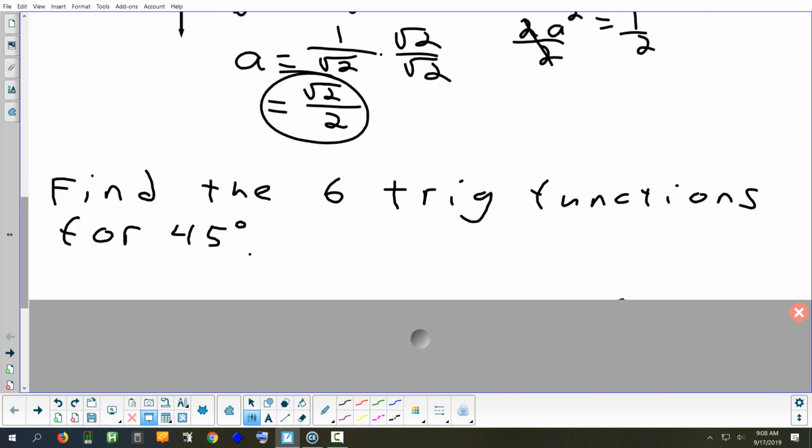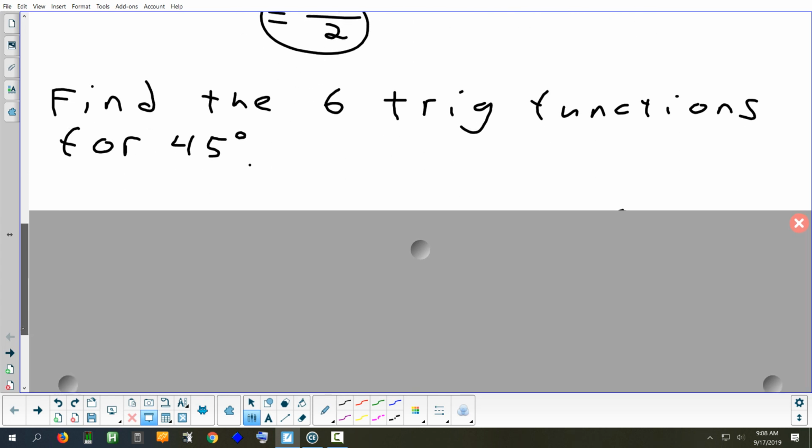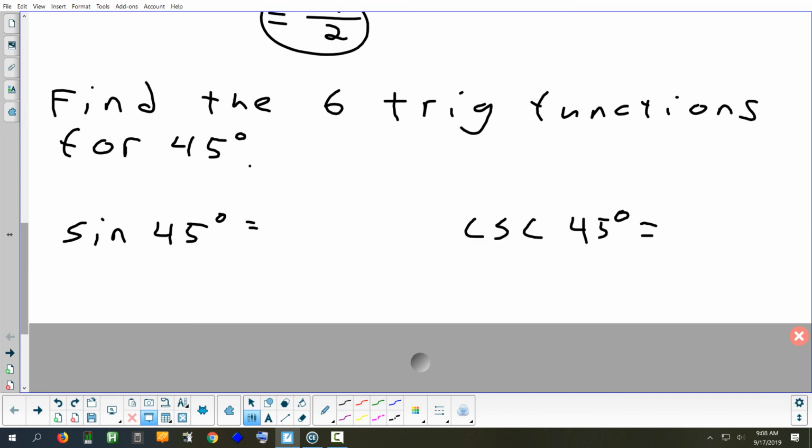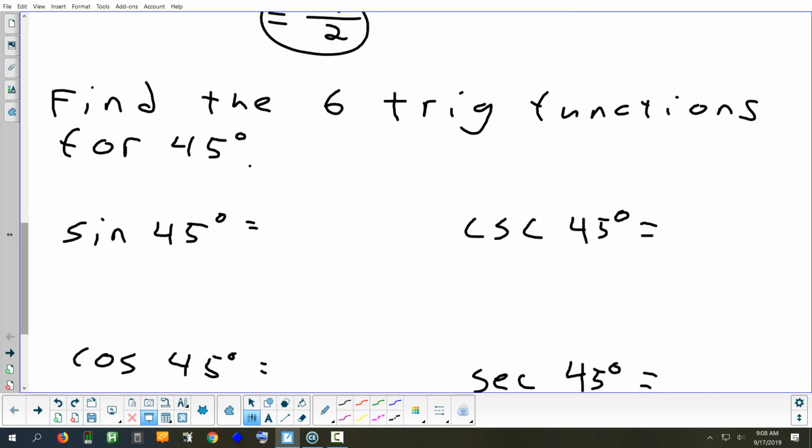So let's find the 6 trig functions of 45 degrees. They've given me the angle, a 45-degree angle.